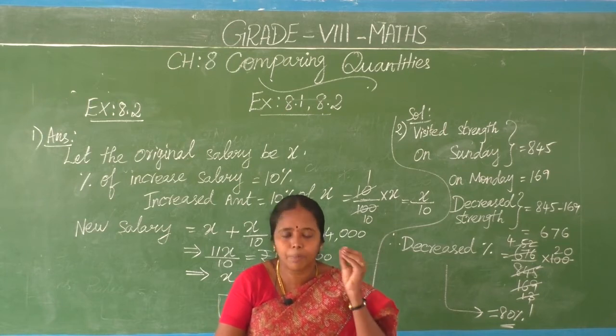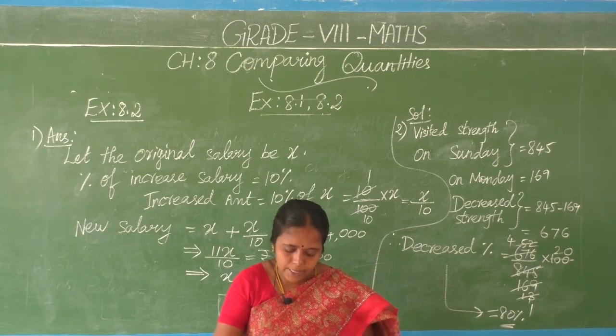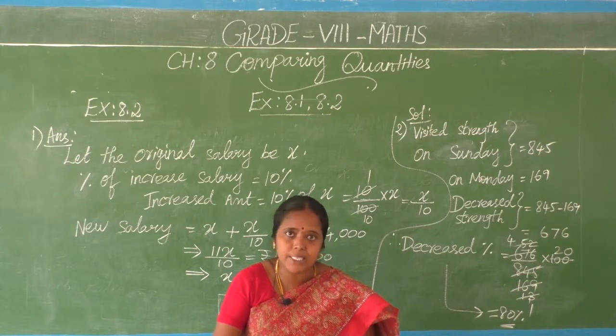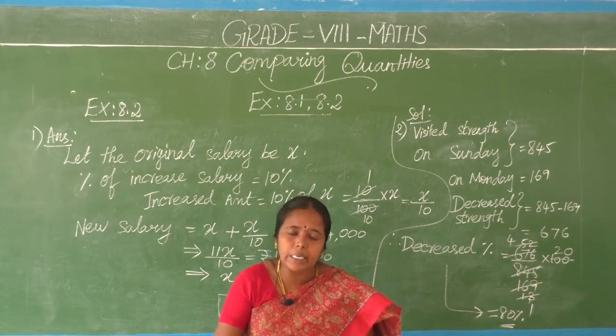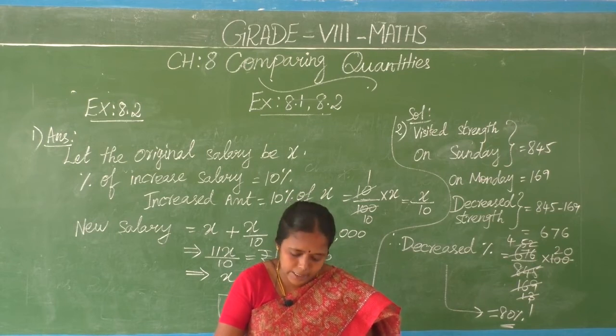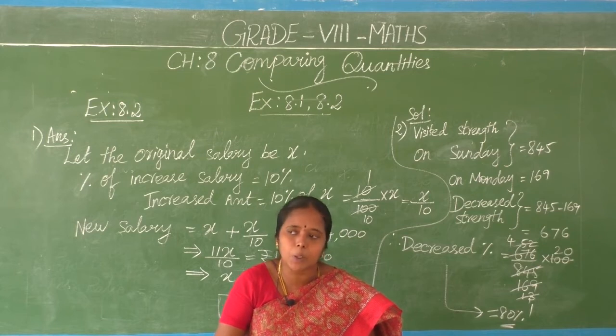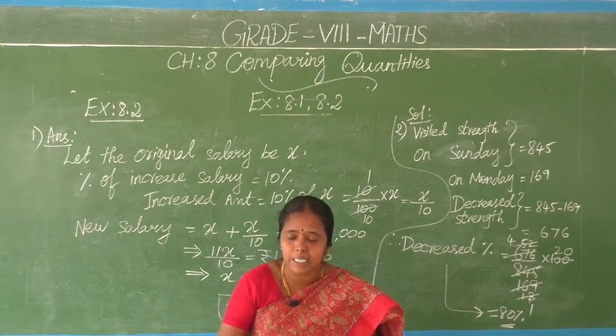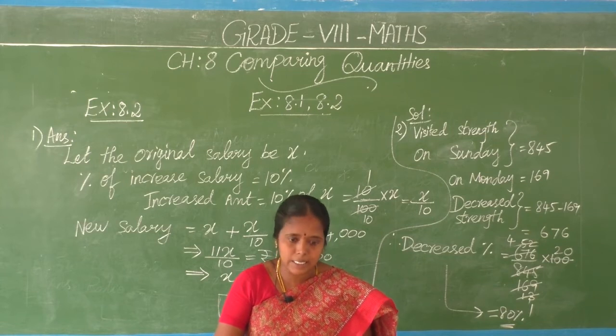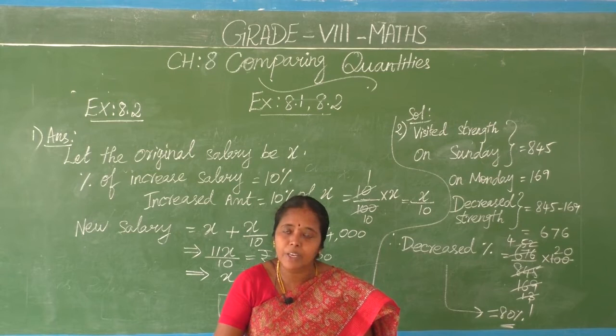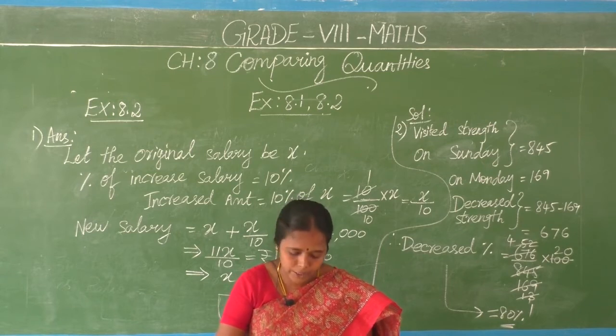He purchased 80 items for 2,400 rupees and sells them for a profit of 16%. They didn't give the selling price, but they mentioned the profit in percentage. So the profit percentage is given, the cost price is given. From that they are asking the selling price. They didn't ask the selling price of 80 articles, they are asking the selling price of one article.